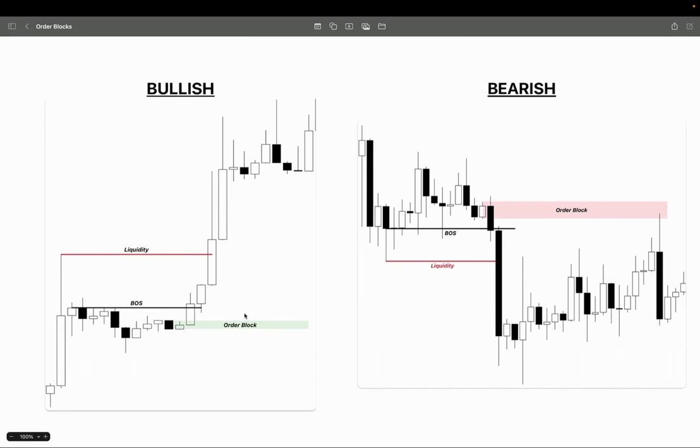Right? On the bearish side, we have the exact same principle, just reversed. We have a bearish order block here, marked in red. We have a break of structure whenever price goes below the swing low of this consolidation. Remember, the break of structure comes from candle closes only. Ignore all the wicks.